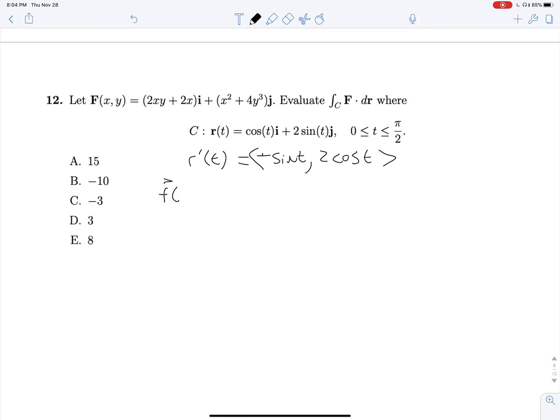And F of r of t, well, that's just going to be 2xy, so 4 cosine t sine t, comma, x squared, which will be cosine squared t, plus 4y cubed, which will be plus 8 sine cubed t.